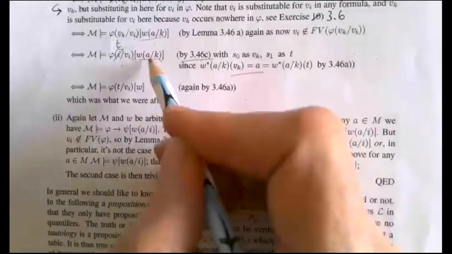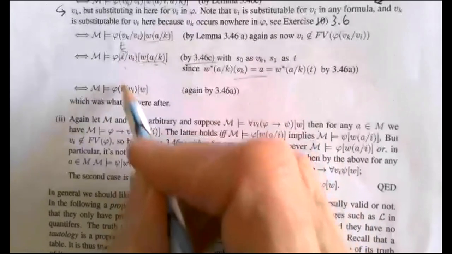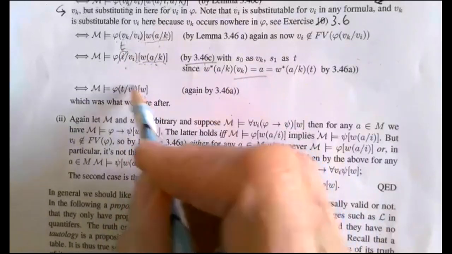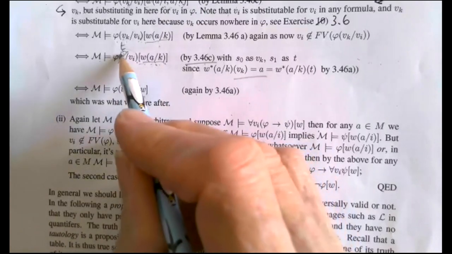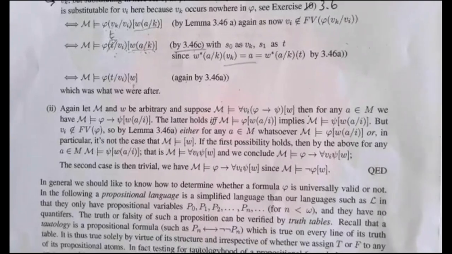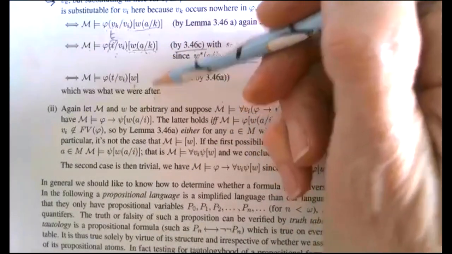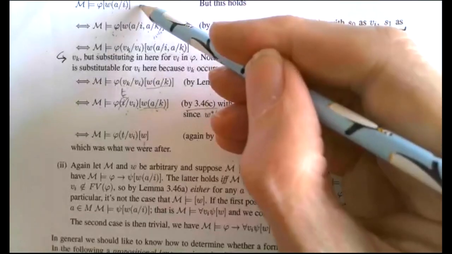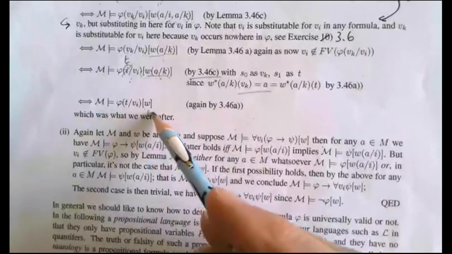And now at last, we can say, well, this assignment is going to evaluate this in the same way as the original w does, because now k is not occurring in any of the variables that's over here. So by that exhausting series of maneuvers, we've massaged this thing here to look like this thing here.